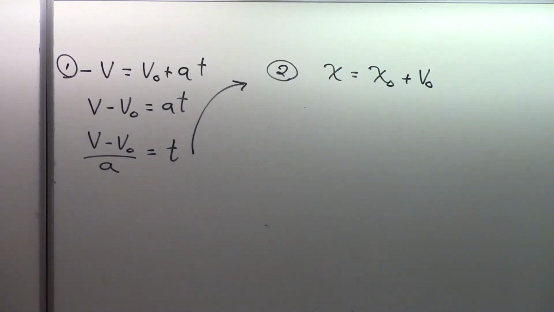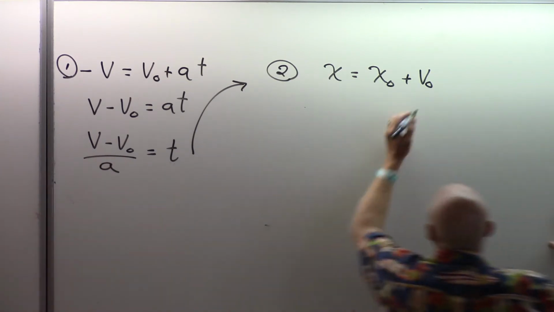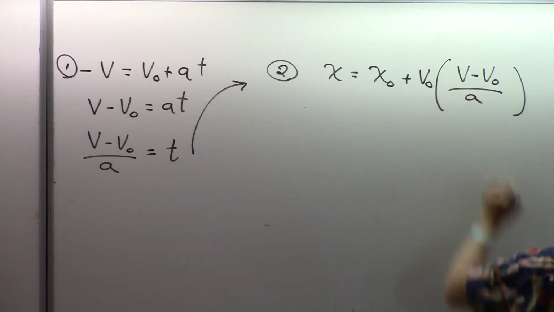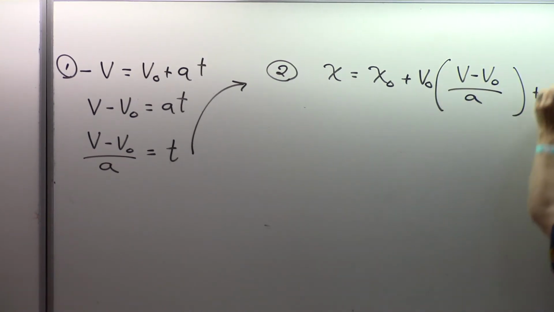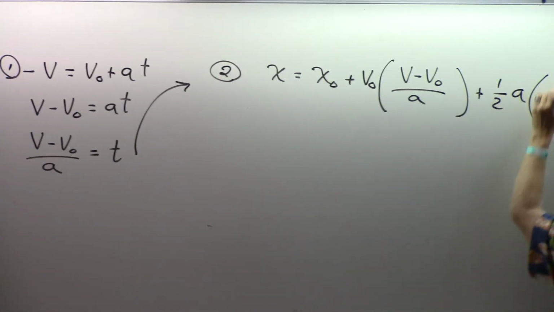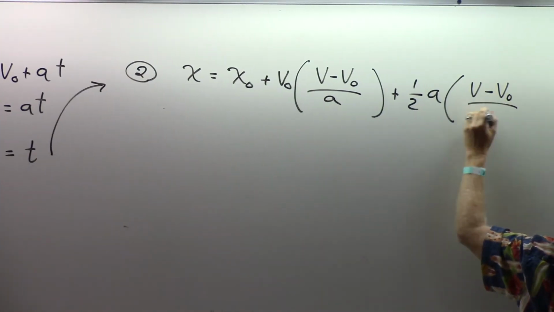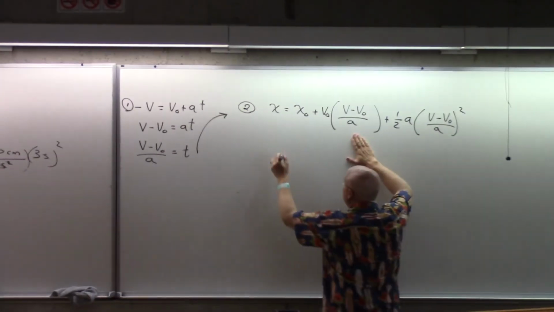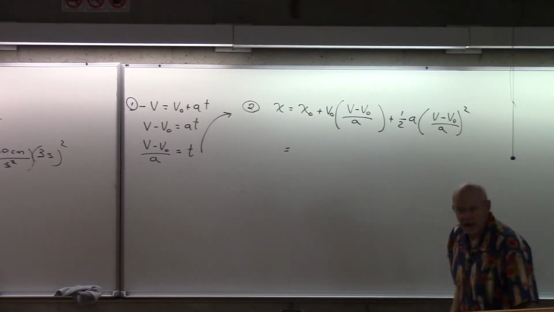Now, it does take a little bit of algebra, so let me kind of work through the algebra here with you. But if I put for time v minus v naught over a, and then over here I put 1/2 a, and then I put v minus v naught over a squared, I can simplify all of this. It is quite a bit of algebra.